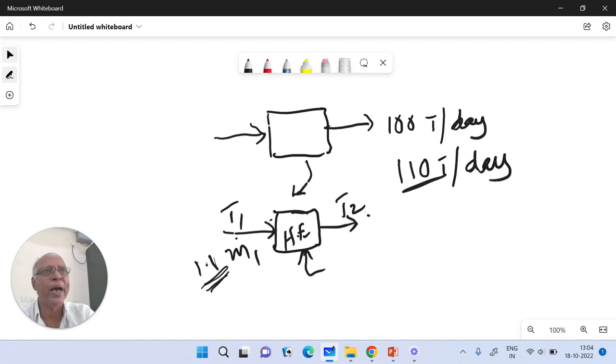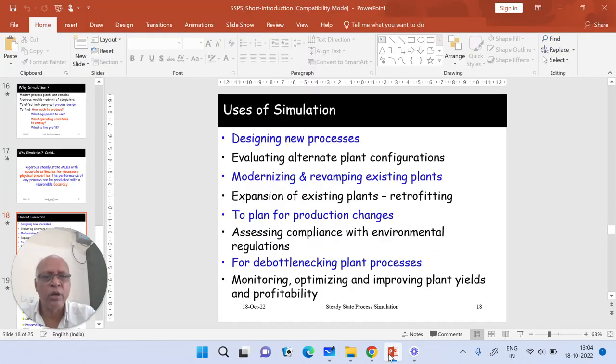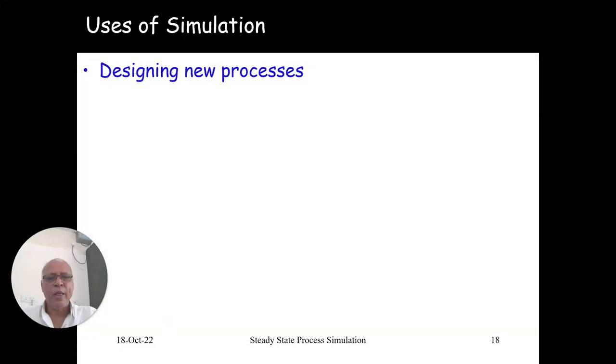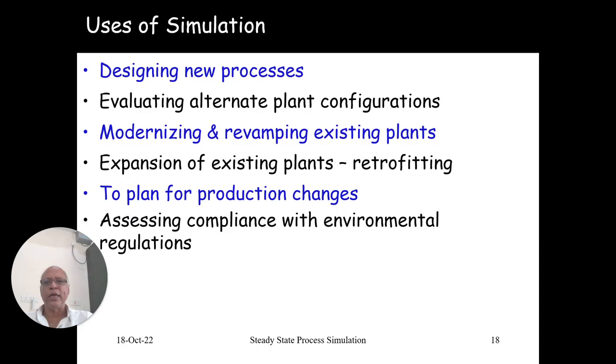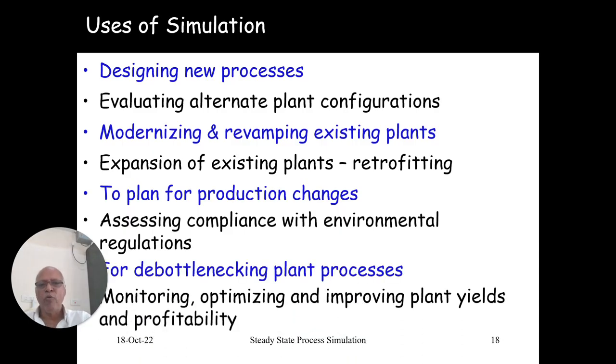We call them bottlenecks. So when you consider debottlenecking, remove that resistance. Try to reduce the resistance that is caused by some of these equipment. What do you mean by this? How can you do that?